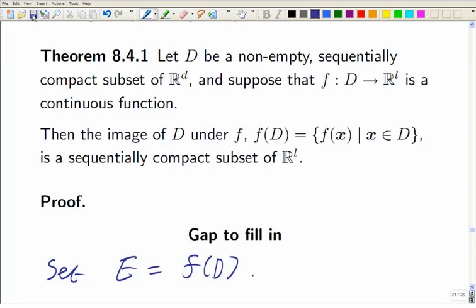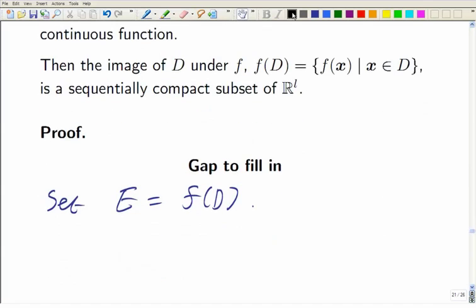Now, if you want to prove that E is sequentially compact, using the definition of sequential compactness, you have to prove that every sequence in E, and here's one of the optional extras, but it's a rather important optional extra.